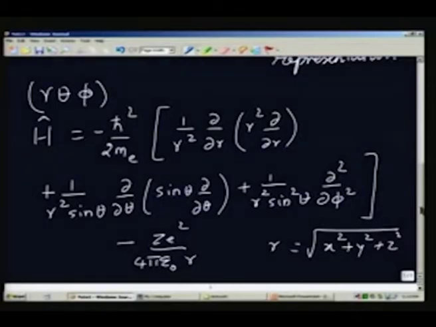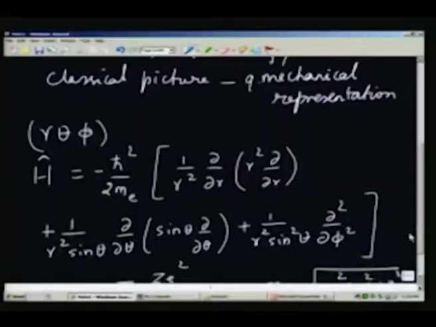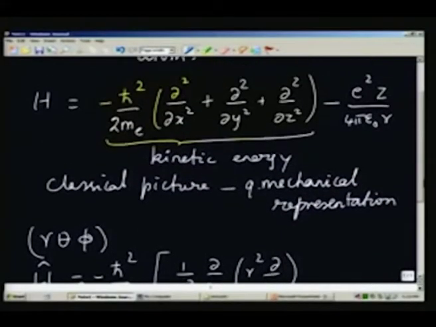Okay. Now, when we say that the purpose of going into the polar coordinate system is to simplify the Schrodinger equation and separate it. The form that I just wrote down does not look any simpler than the form that you have in the Cartesian coordinate system.